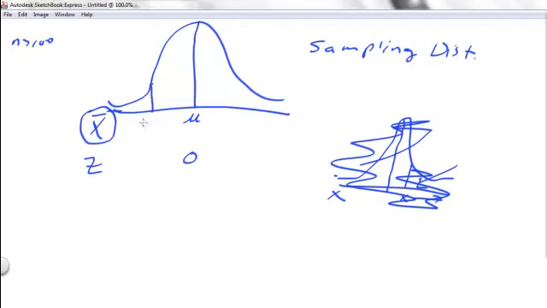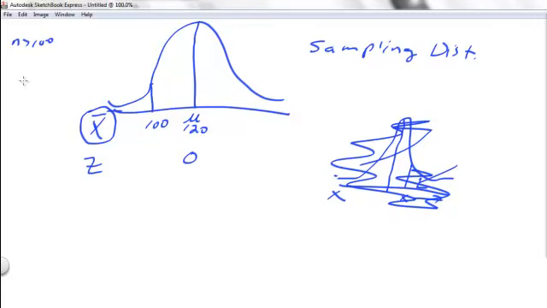So let's say mu again is 120, and this is 100. Let me just go ahead and look at this example here.